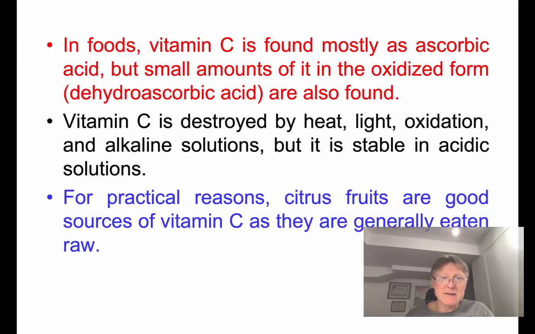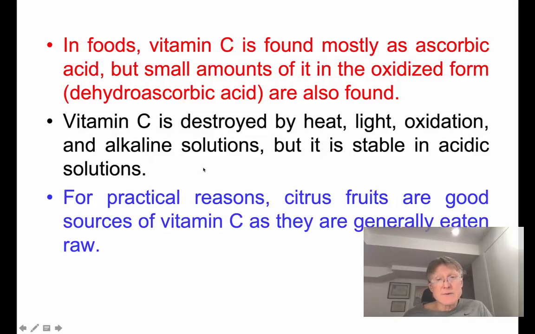Vitamin C itself is an acid, it's ascorbic acid. So it is acidic by itself, so it can remain intact in an acidic environment. But if you put it in an alkaline solution, it degrades it. And also heat, light, and oxidation.